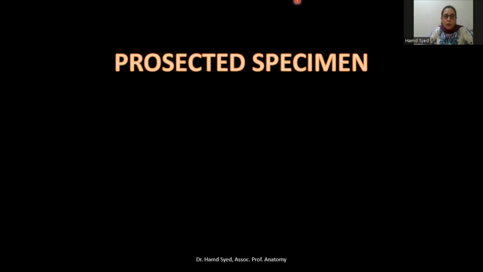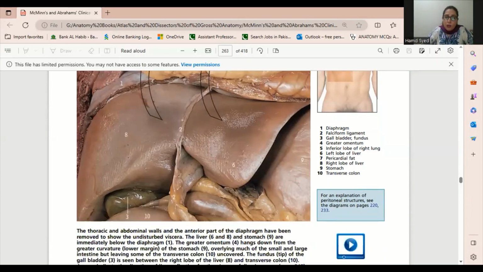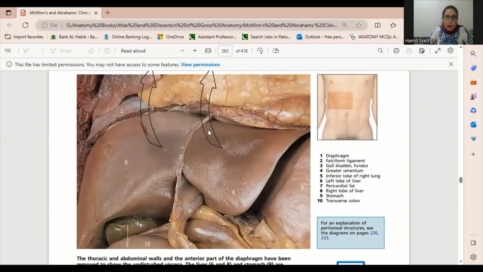Okay, so now I'm going to discuss the liver anatomy on a prosected specimen. Over here, you can see that this is the liver as it is present within the body, and the original location of the liver within the body is shown over here. And we can see this is the gland, the liver. Here, if you just follow the arrowhead, I'm showing you the larger right lobe of the liver, and then on the left, the smaller left lobe of the liver.